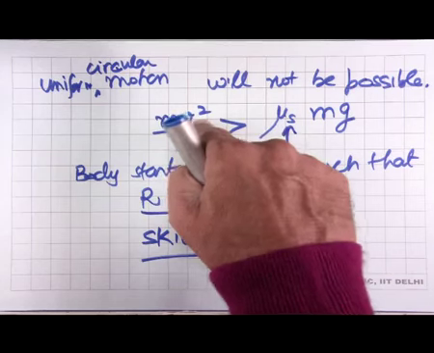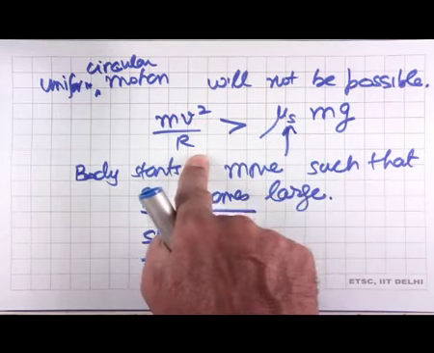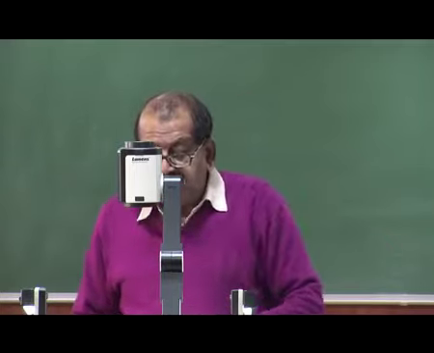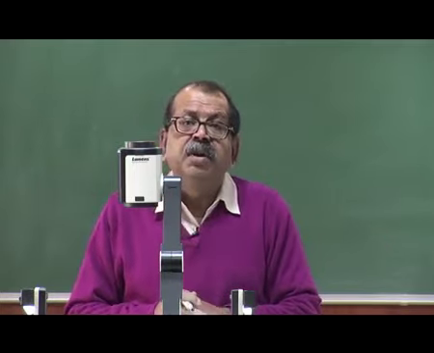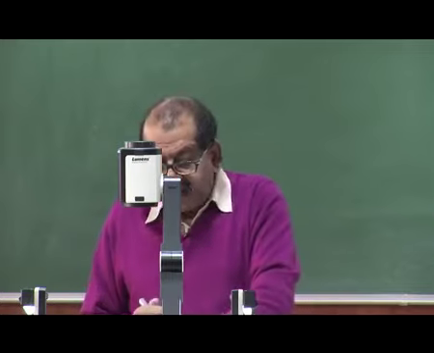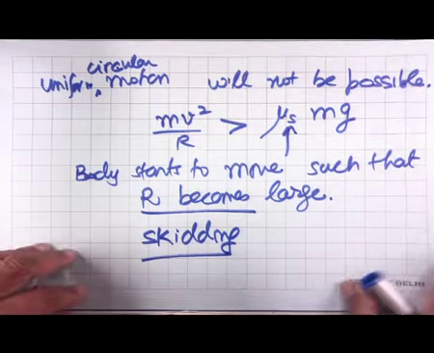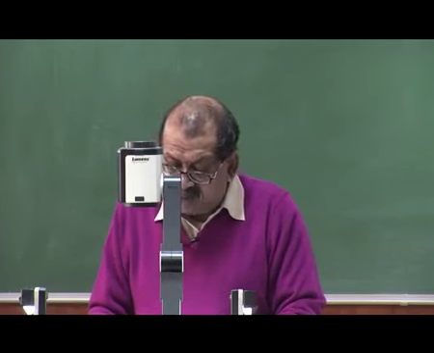They should reduce V or increase R. Now, if the road has a fixed curve, then R cannot be changed, then the only way to prevent skidding will be to reduce V, and it is very effective because it goes like V square upon R. So, when you drive, to reduce skidding, this can be done.